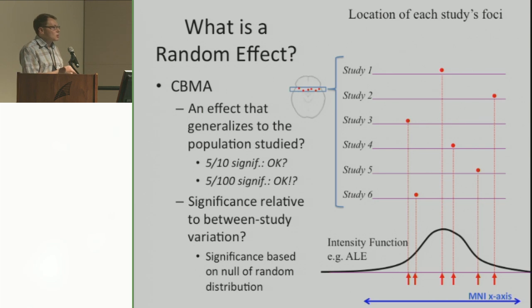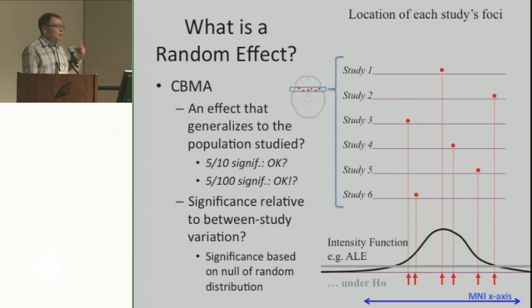And again, we have the same question about how much it takes to get significance. Because in contrast, when we do inference in ALE, we're making an assumption that under the null hypothesis, this is completely homogeneous. So it's weird. The easiest thing to get our head wrapped around in the spatial context is the spatial spread.